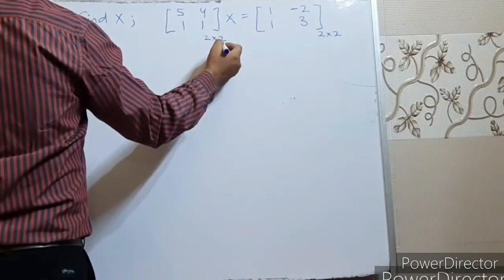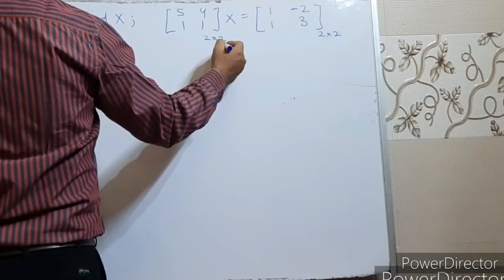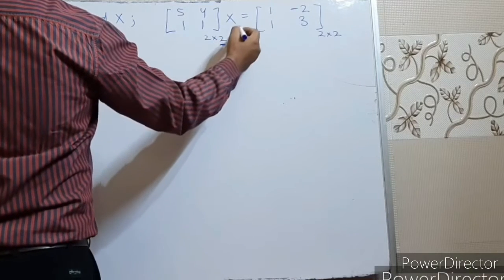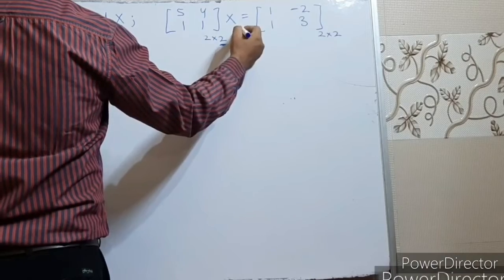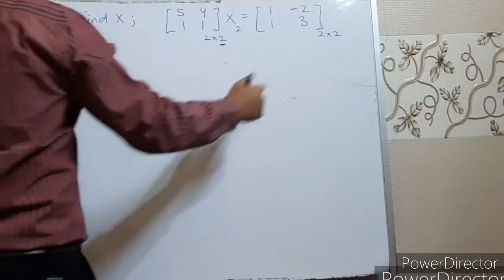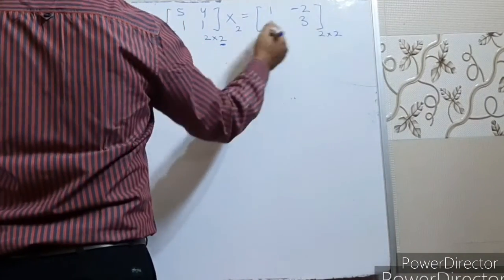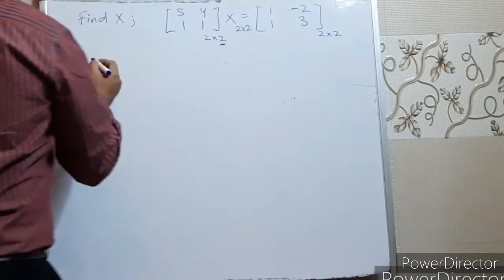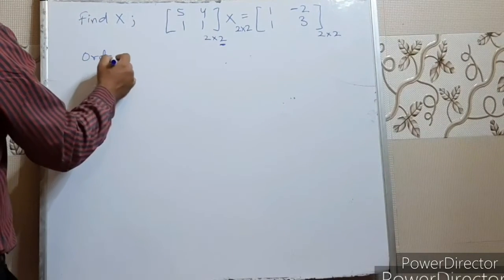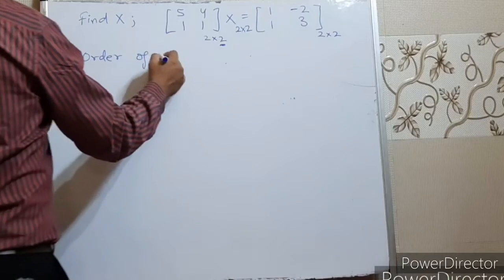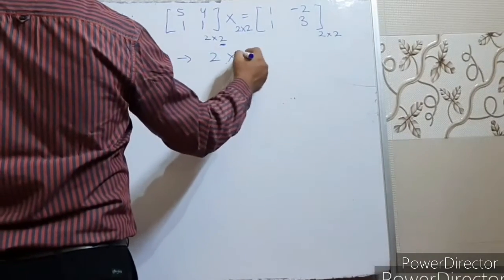So you can see here the number of columns in the first matrix is 2. That means the number of rows of matrix X will be 2, and the number of columns of the product matrix is 2. That means the order of X will be a 2 by 2 matrix.